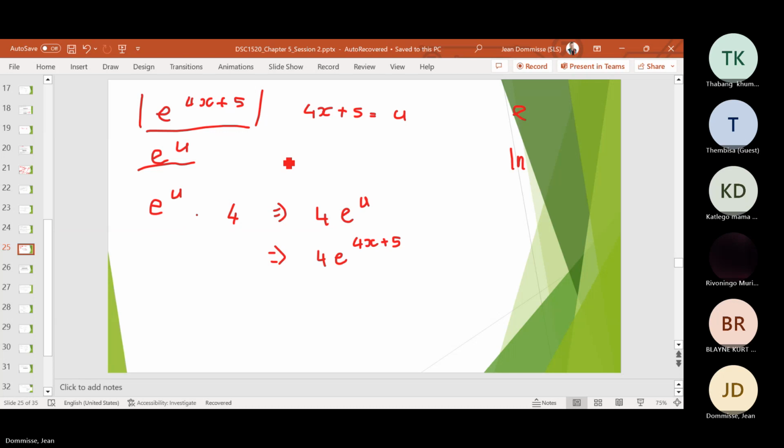So the chain rule actually makes it, in this instance, very easy to differentiate, because basically you differentiate that one, differentiate the u, very simple in this instance.